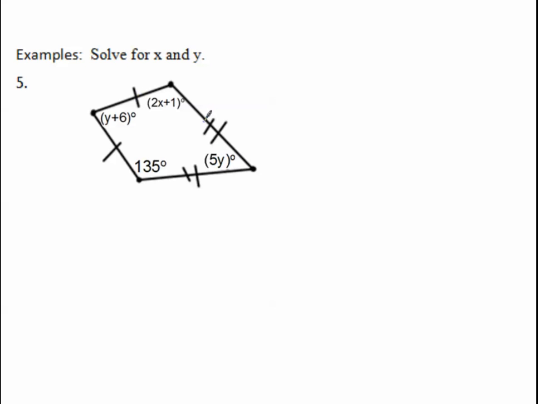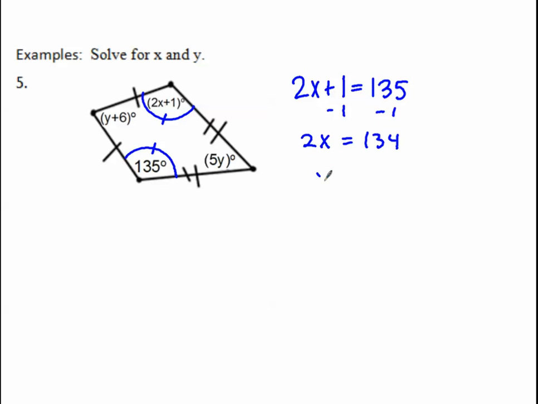Between the two sides that are not congruent, that angle is congruent to its opposite angle. Those two angles are congruent to each other. So I can make an equation that shows that those measures will be equal. And then I can solve that equation. So using our algebra skills, we get x equals 67.